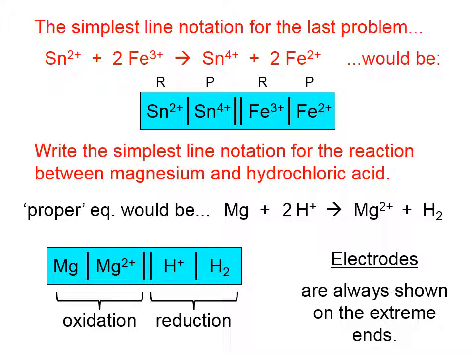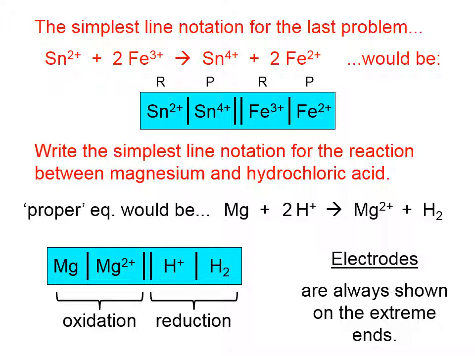So there is something extra in here that is required in order for this reaction to take place. Sometimes the electrode can be one of the reactants, and magnesium, solid magnesium, would work perfectly well as an electrode because it's a solid surface on which the oxidation of magnesium could take place.